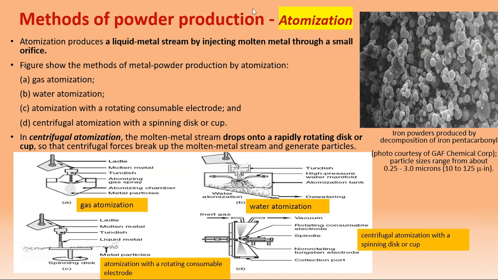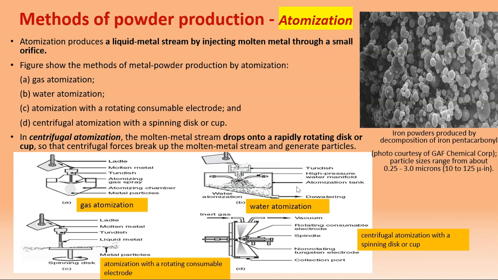Let's look at the example of the atomization process, in which a liquid metal stream is made by injecting molten metal through a small orifice. They have a very small orifice to produce the powder. Under atomization, there is gas atomization, water atomization, atomization with a rotating consumable electrode, and also centrifugal atomization with a spinning disc or cup.